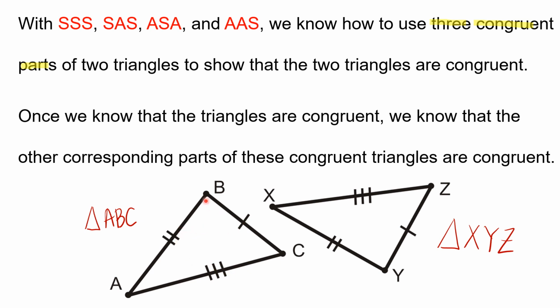So if you write a proof and you prove that these two triangles are congruent, then for free, once we know that those triangles are congruent, we now know that all the other corresponding parts of those triangles are now congruent. So for example, we now know that angle A is congruent to angle X, angle B is congruent to angle Y, and angle C is congruent to angle Z. So you get a lot of information by proving that two triangles are congruent.